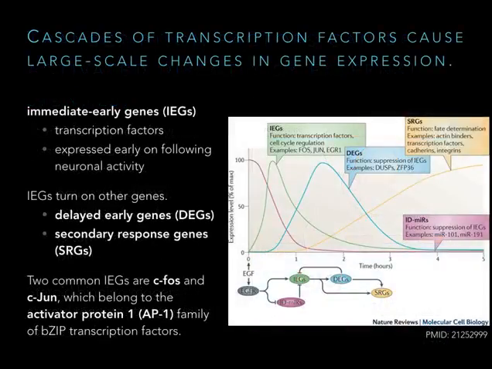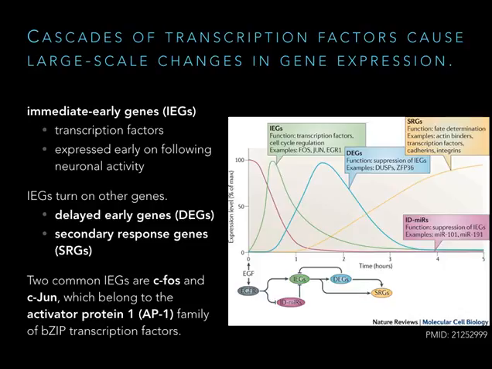Now, of course, here we've painted a very simple picture where we activate a transcription factor, it goes and activates one gene, and that's it. That's absolutely not at all what the cell is going to function like. There's usually going to be multiple transcription factors activated in a cascading fashion, one after the other. First, you'll have the activation of what we call immediate early genes.